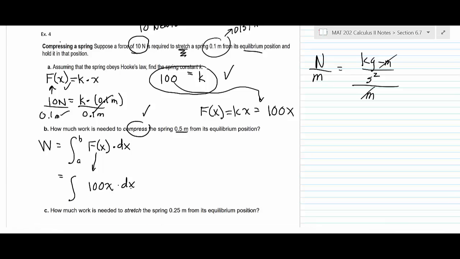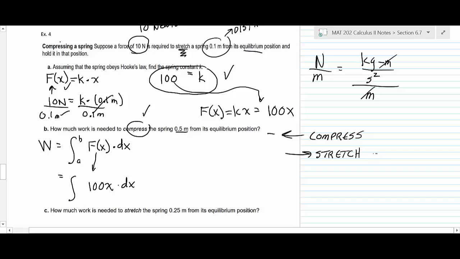Now, the way I look at this is kind of like this. You have to be cautious about how you do this. If you're compressing, then you're going in a negative direction. If you're stretching, then you want to model that with a positive number. Equilibrium is just starting at 0.